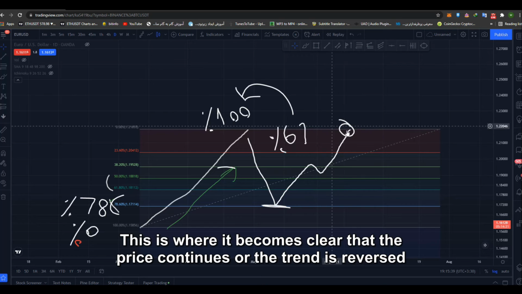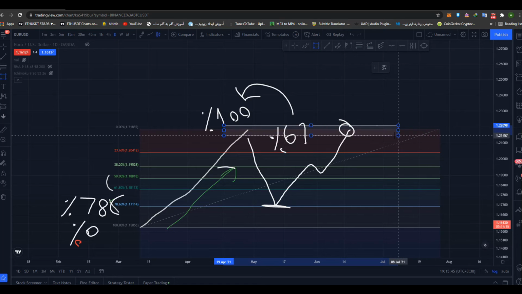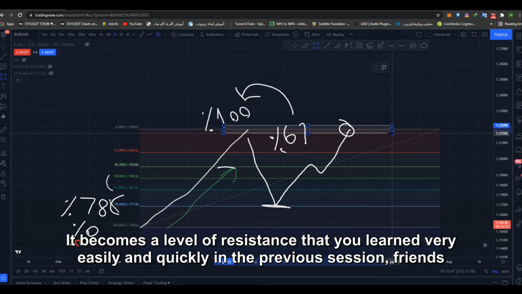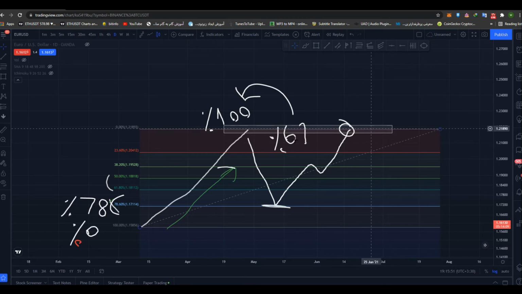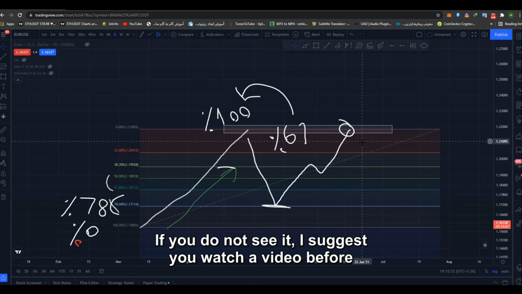This is where it becomes clear whether the price continues or the trend is reversed. It becomes a level of resistance that you learned very easily and quickly in the previous session, friends. If you do not see it, I suggest you watch that video before.